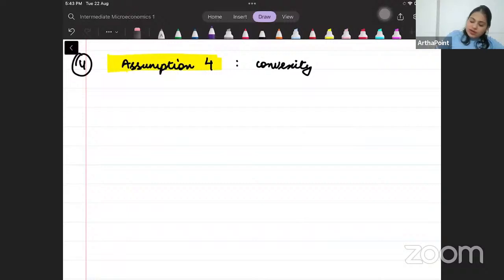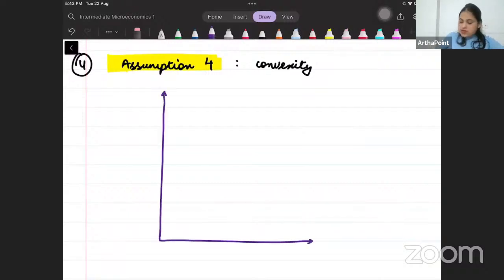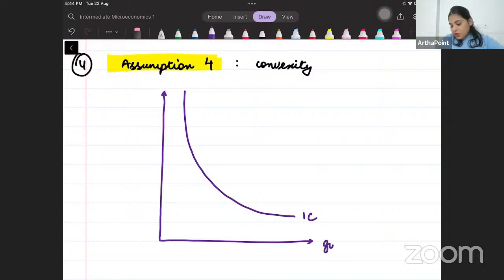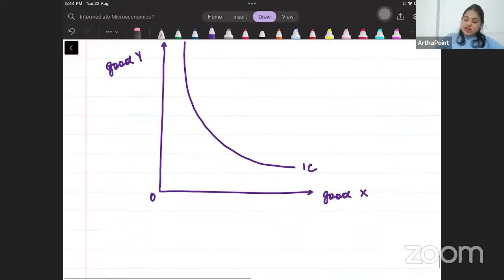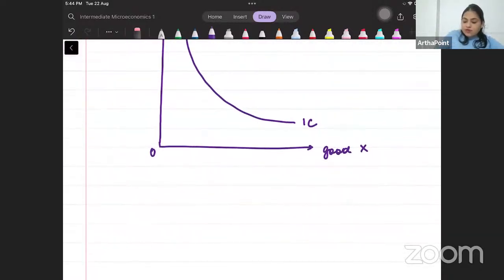You can just go ahead and understand something like this. Let's say this is my IC. I am taking good X here and I am taking good Y here. Okay. Now, first of all, try to understand the concept of weighted average.